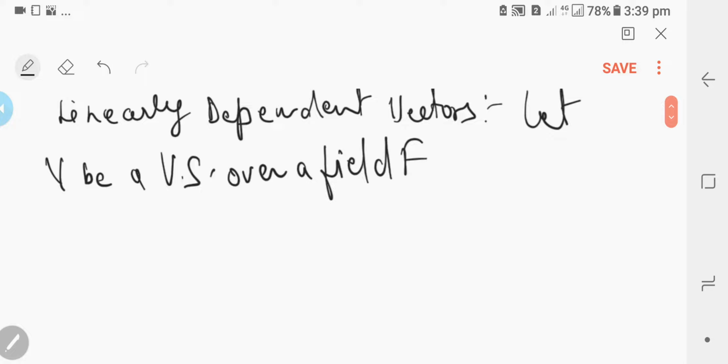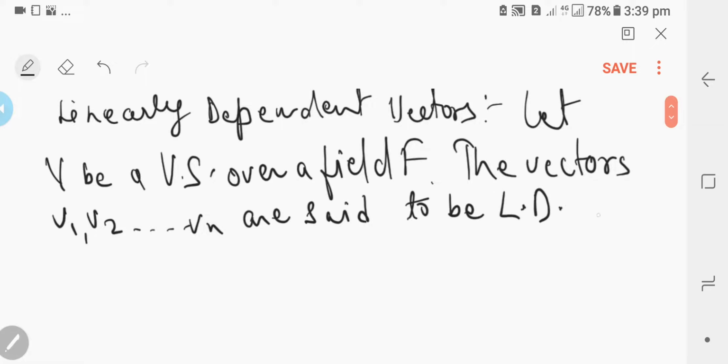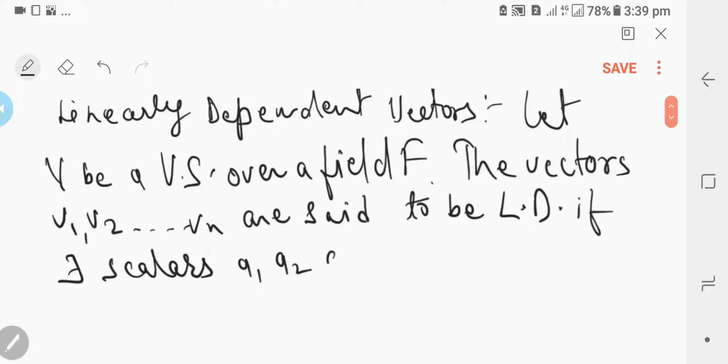Okay, the vectors v1, v2 and so on, vn are said to be linearly dependent if there exist scalars a1, a2, a3 and so on, and not all zero.